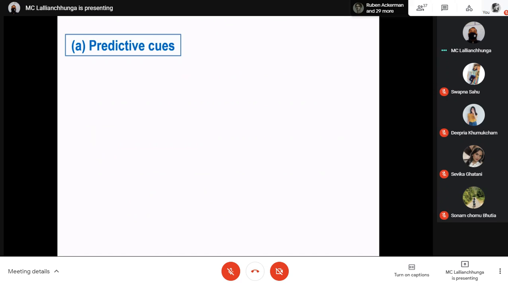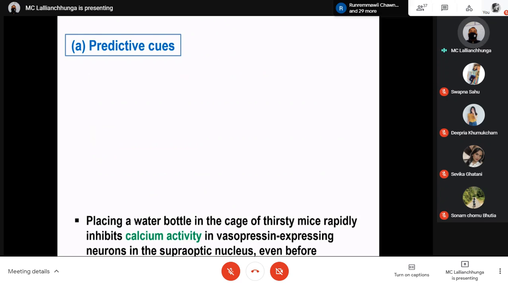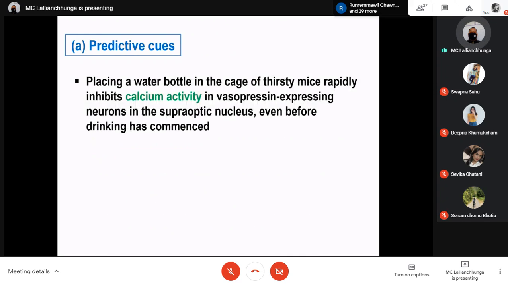So number one, predictive cues. This is experimental. Experimentally, placing a water bottle in the cage of mice rapidly inhibits calcium activity in vasopressin-expressing neurons in the supraoptic nucleus even before drinking has commenced.